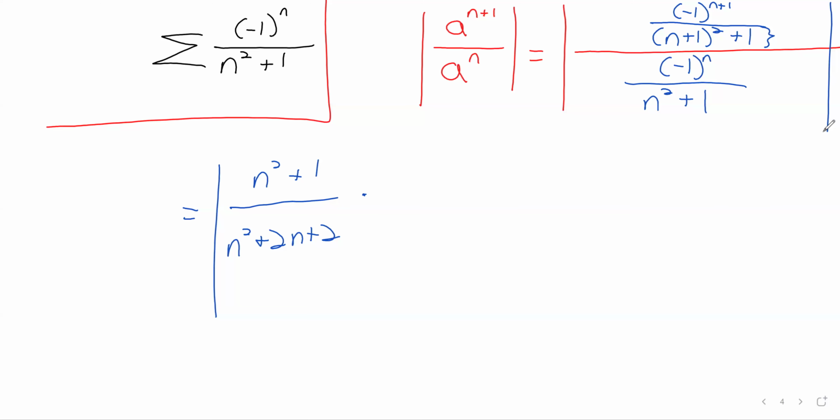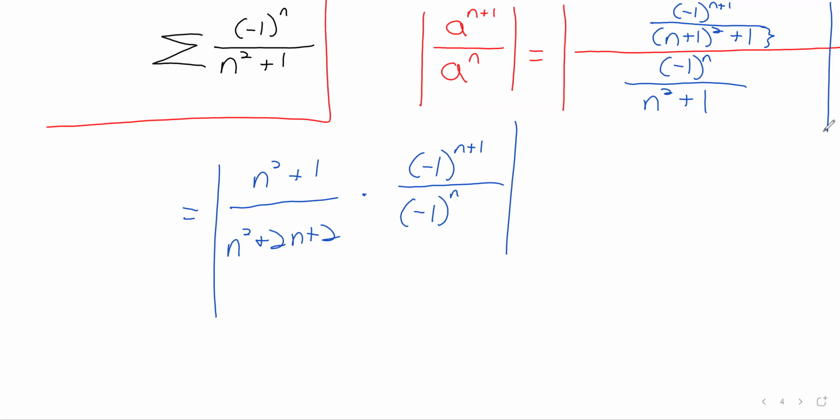And then we have -1 to the n plus 1 and -1 to the n.